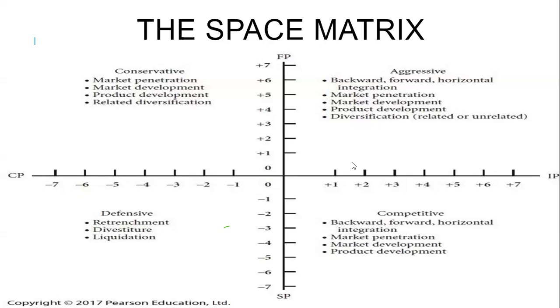However, if you are finding yourself in a situation where the financial position of the firm is good, but the stability position of the firm is not so good, then it wouldn't be appropriate to be entertaining an unrelated diversification strategy. Because that means that you are already in an environment where you are not stable.